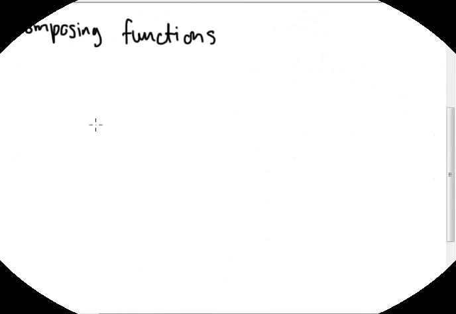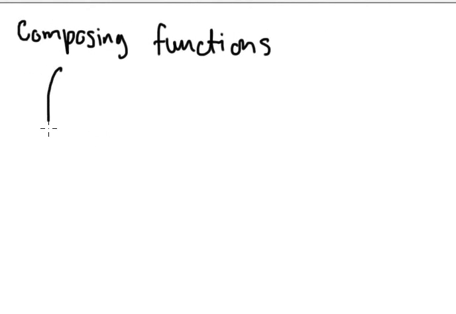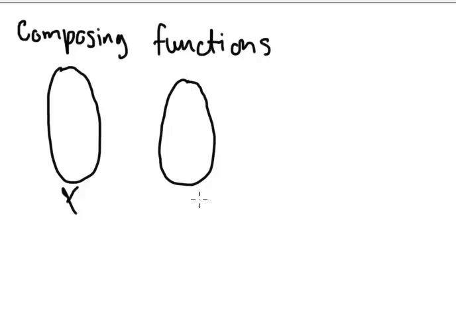Now, we're talking about composing functions. Let's say we've got a function f, whose domain is set x, and we've got another set, which is y, and f of x in that direction.